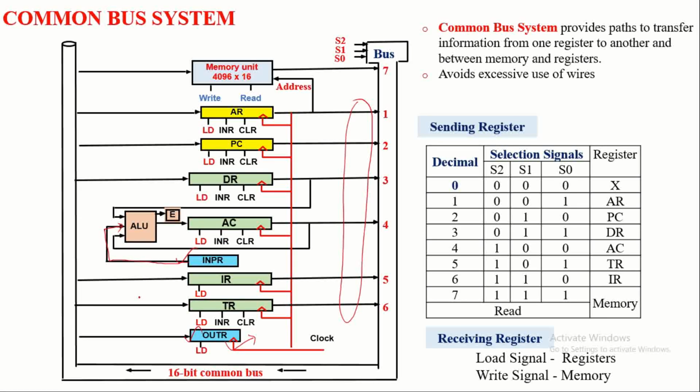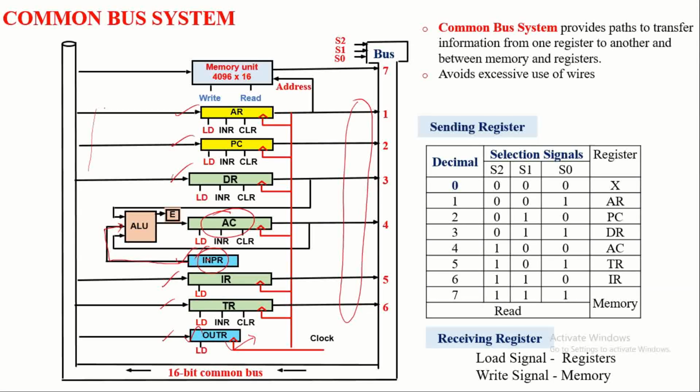Whereas coming to the registers that receive information passed over the bus, out of 8 registers, only 6 registers can receive information that is passed over the bus. The two registers, the accumulator and the input register, never receive information passed over the bus directly.